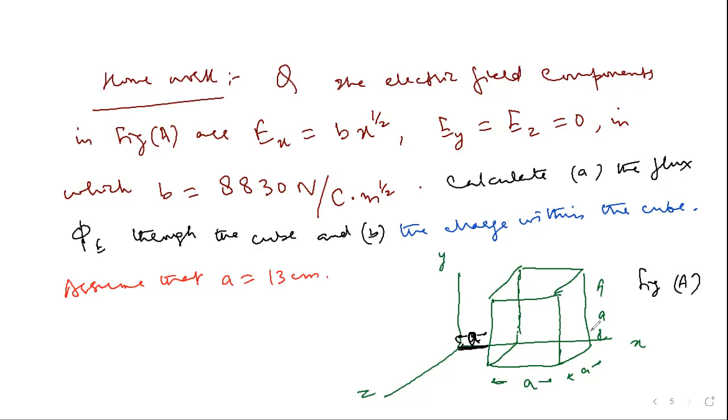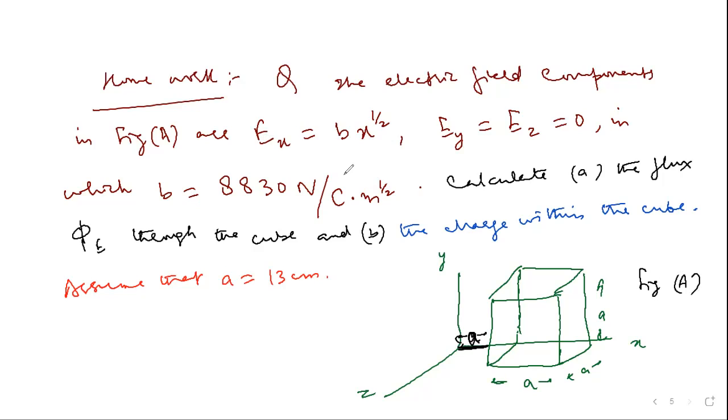I repeat the question. The electric field components in figure A are: E x varies with x and is given by B x to the power half, E y and E z are 0. That means the electric field is parallel to the x-axis, right?